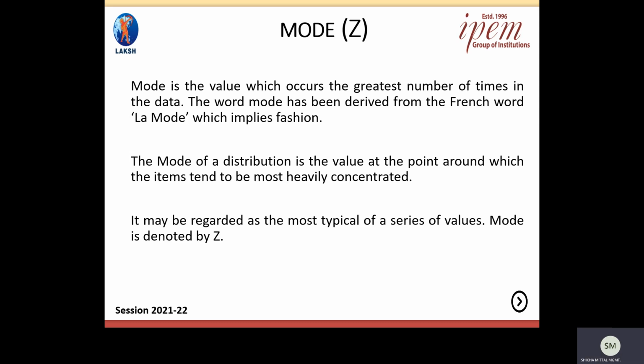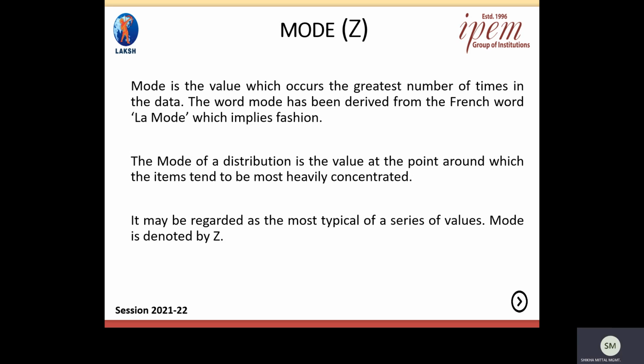The next type of measure of central tendency is mode. It is denoted by capital Z. The basic meaning of mode is trend or fashion. So mode is the value which occurs the greatest number of times in the data. Generally, we can take the example of a shoe shop.